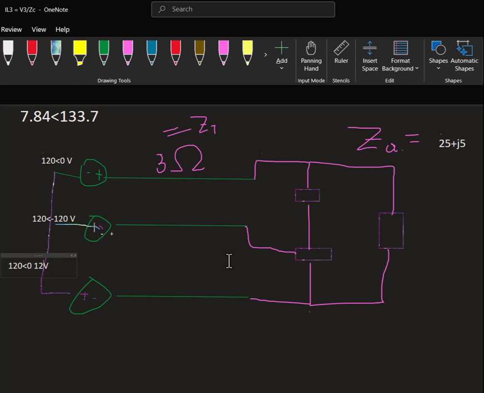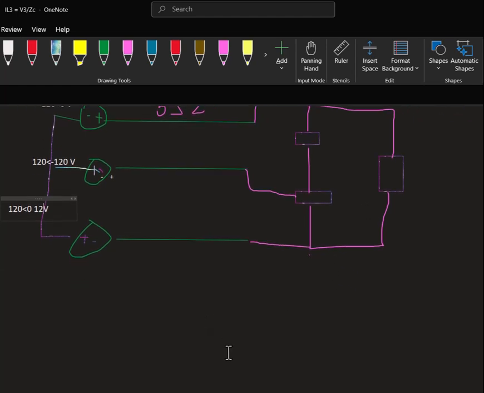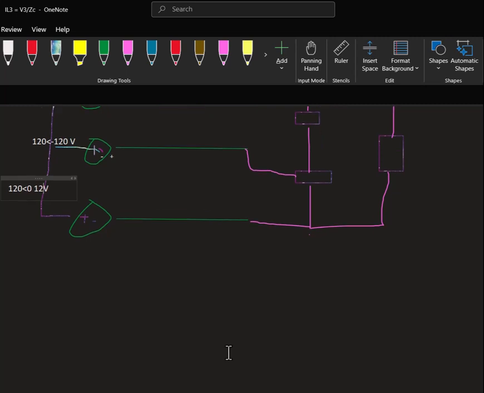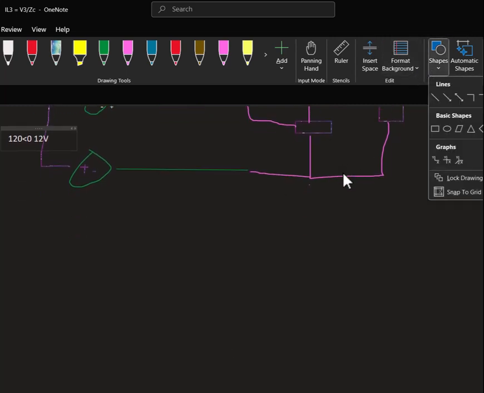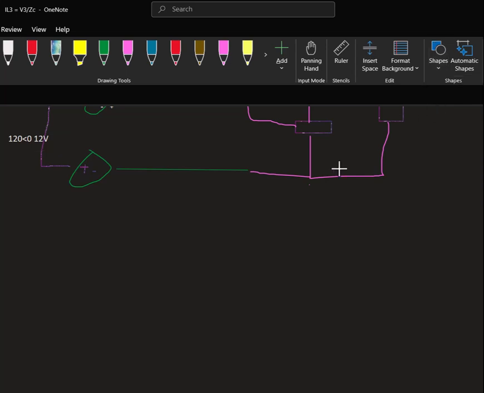So how do we change delta to Y? Divide the Z by 3, correct. And so when we change it to Y, we're changing the Z load, not the impedance of the line. You leave that separate.